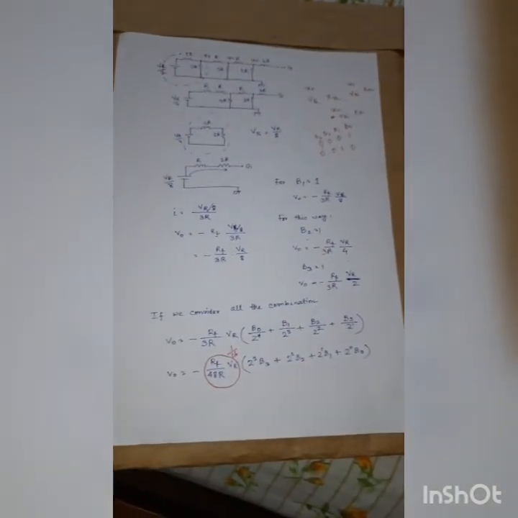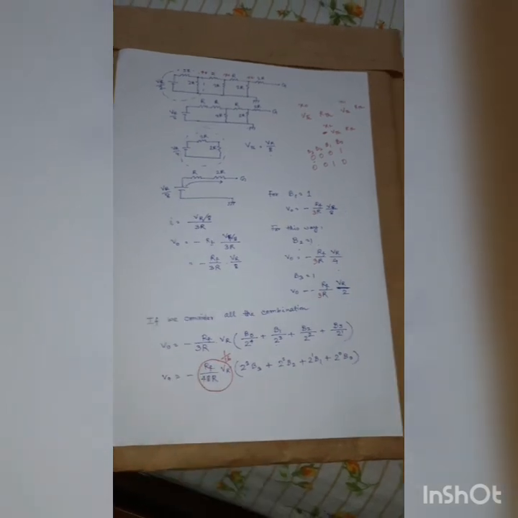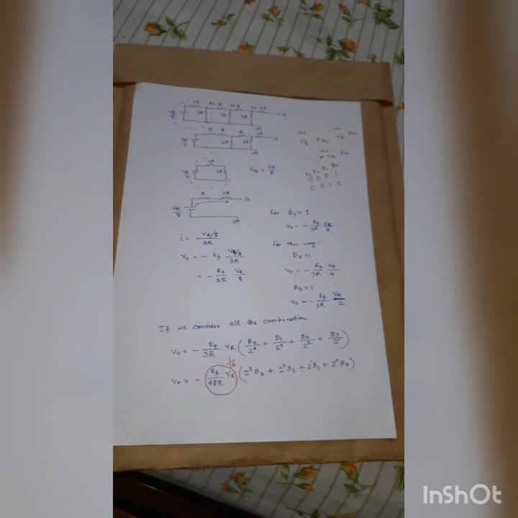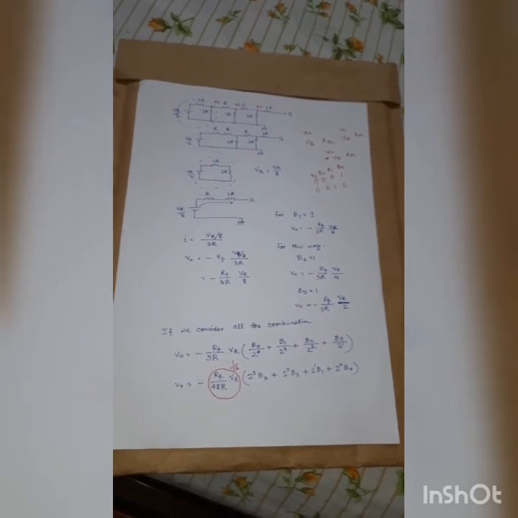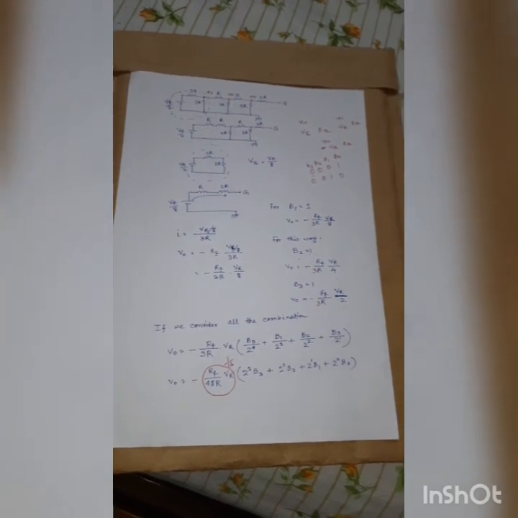So now the gain will be RF by 48R into VR. According to this value, we have to adjust this RF and R. So only three resistances will be required here, that is R and 2R and the RF, the feedback resistance.